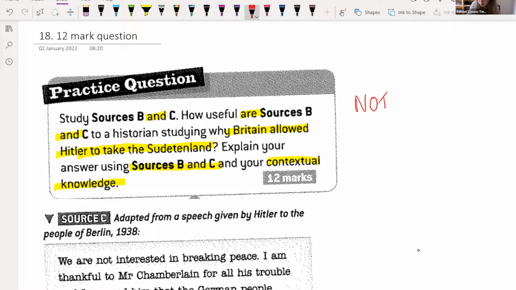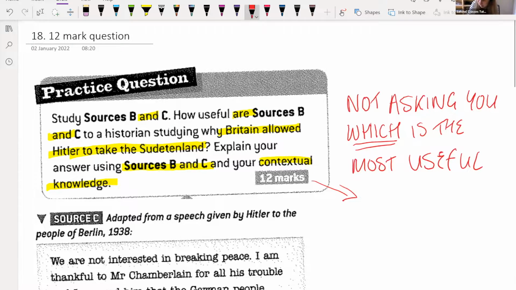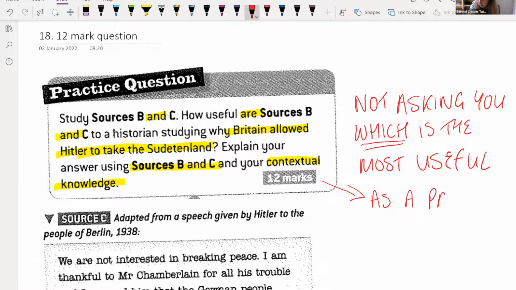This question is not asking you which is the most useful. Often in conclusions for this question, I will get, in conclusion, source B is more useful than source C. It's not asking you that, it's asking you as a pair, how useful are they? It's not asking you to make a judgment between them.